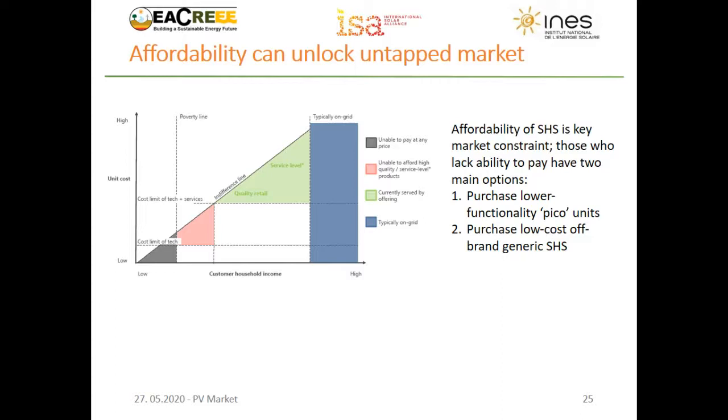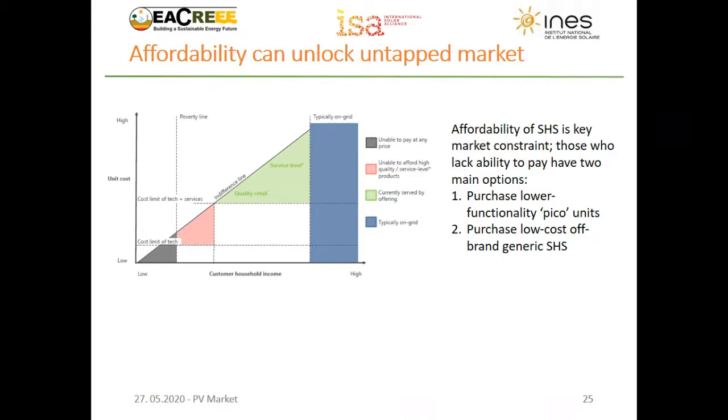Those who are slightly above the poverty line are able to afford, but in many cases they afford low-priced products. And these are the people who are entering the lower tiers of the solar PV systems.